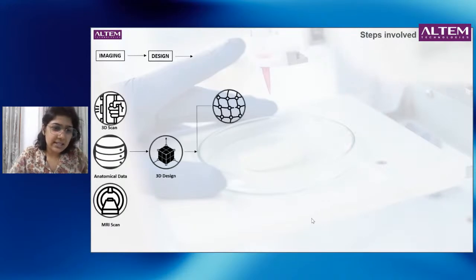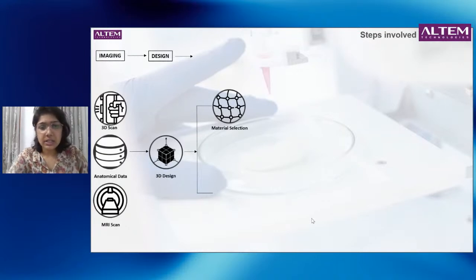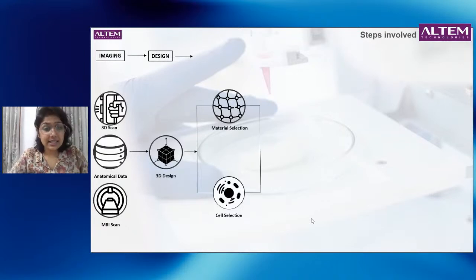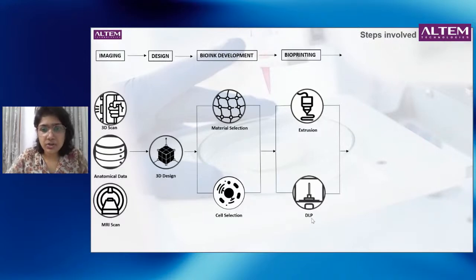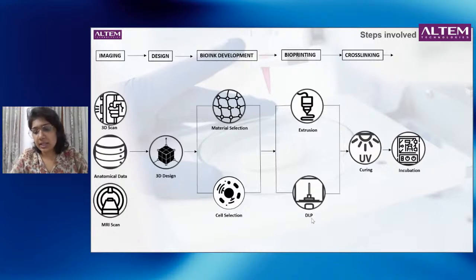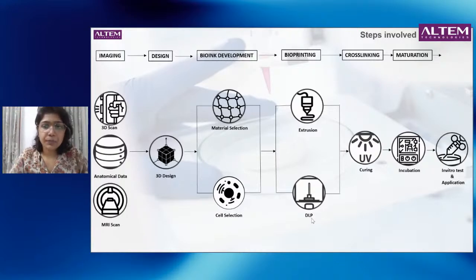So you'll have the 3D design, and then you have crucial points being material selection, cell selection, extrusion, DLP printers, again, the types of printers you would use, curing, which is again a cross linking method, incubation, and in vitro tests and applications.